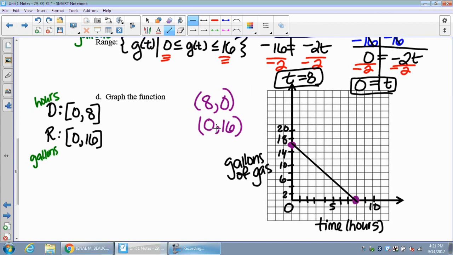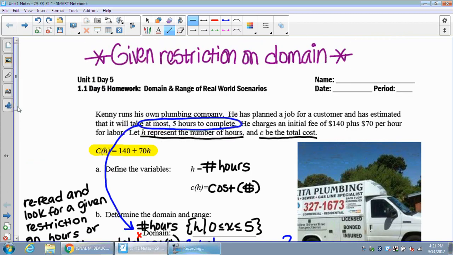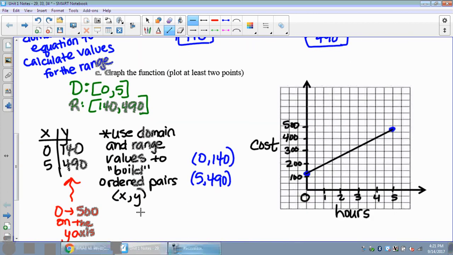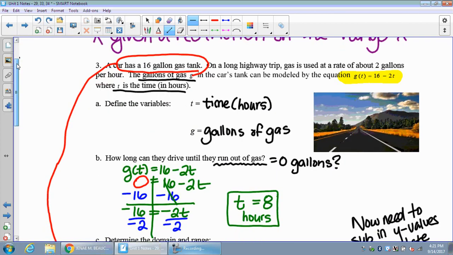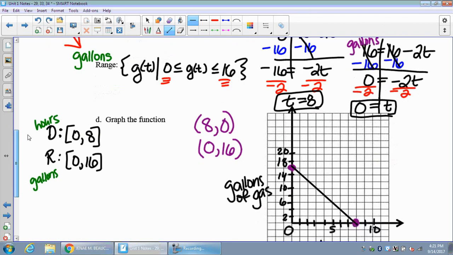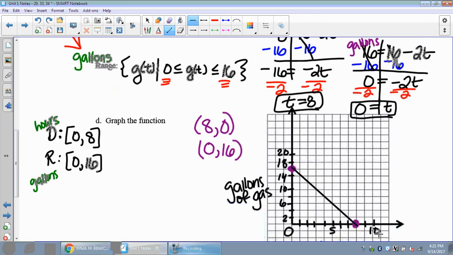What's different about this one compared to the plumbing one? Here's my plumbing one. This is increasing. This one is decreasing. So that's why we're not able to match smallest x with smallest y like we did before.